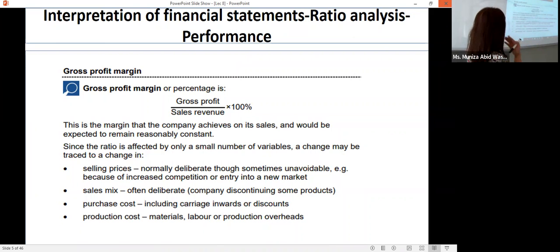So purchase cost including carriage inward or discounts. Which kind of the discounts? Trade discounts or settlement discounts? Two types of the discounts are there. Cash discounts and settlement discounts and trade discounts. Which types of the discounts are going to affect the purchase cost?